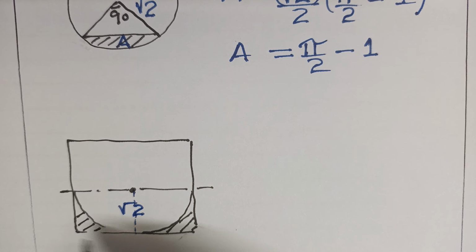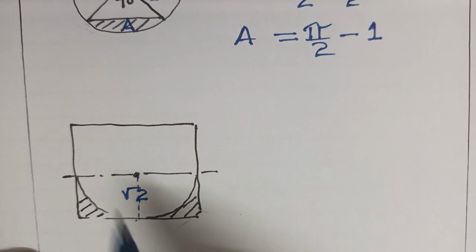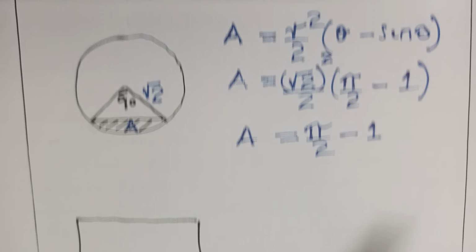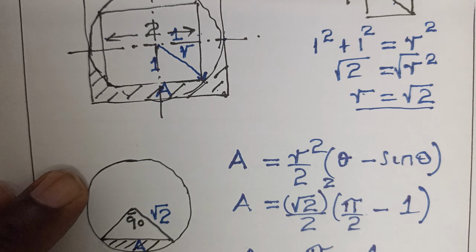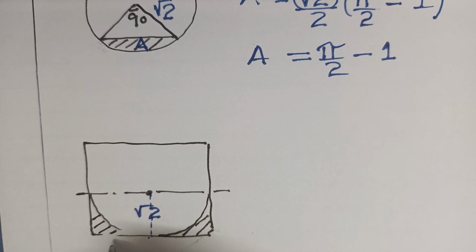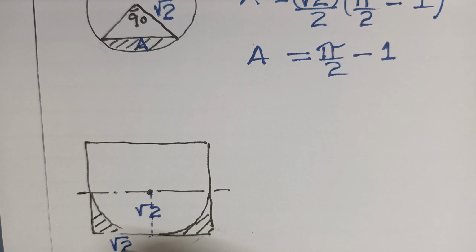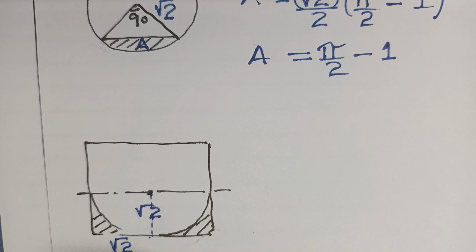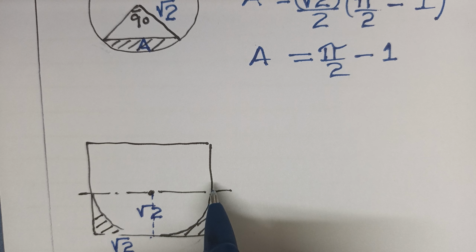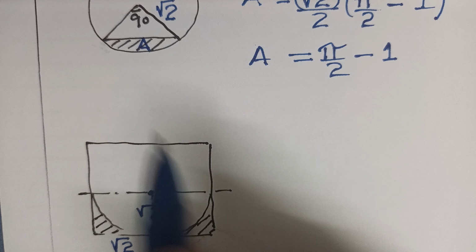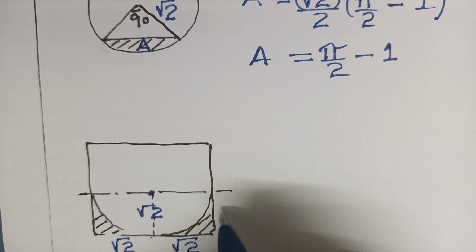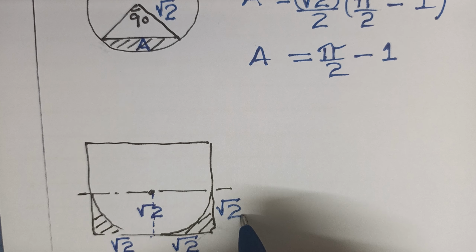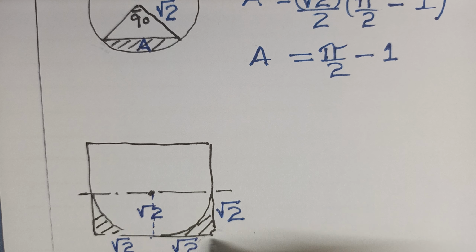And from this point to this point, this is also going to be square root of 2, because this one will form a square. You divide 4 parts of a square, this one is also a square. And so this one also is square root of 2, and on this side, we have the square root of 2. Guys, we are using this rectangle.